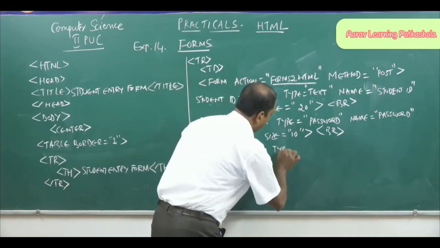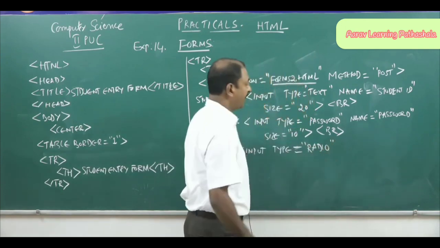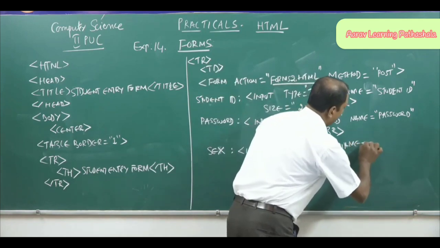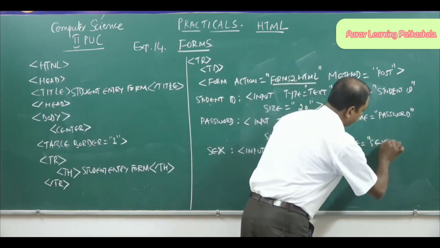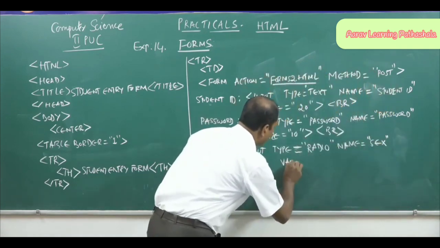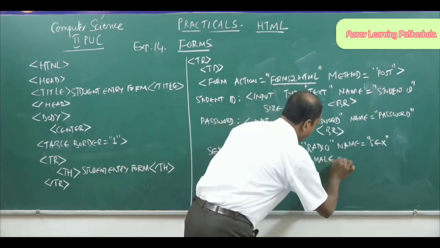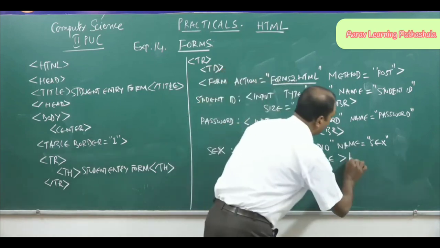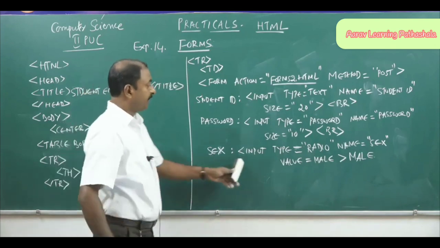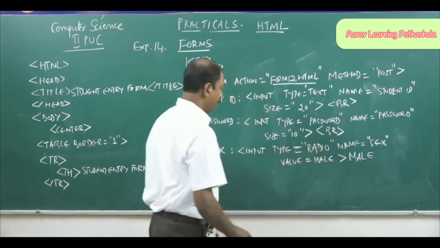This is radio, because for the radio button we use the type as radio, name equals sex, value equals male, and closing this input tag. So this is the radio button tag, one of the form elements, and here this is for one value.